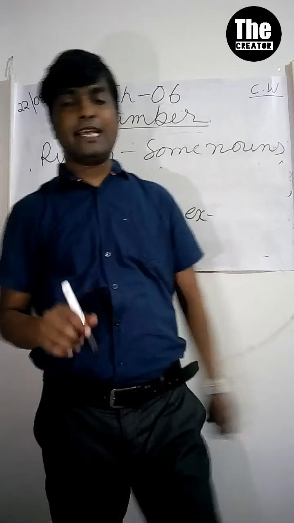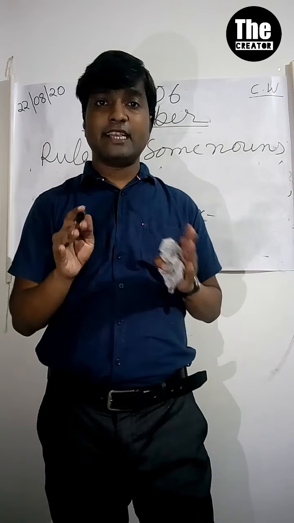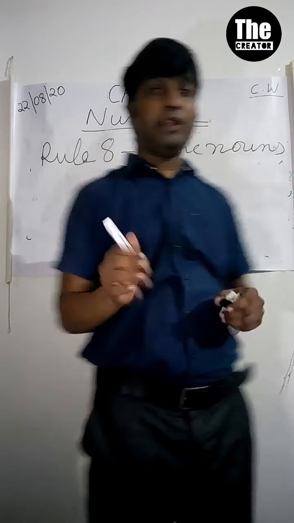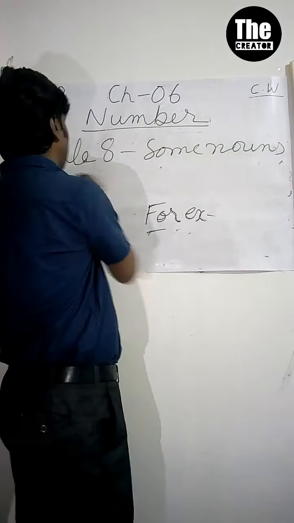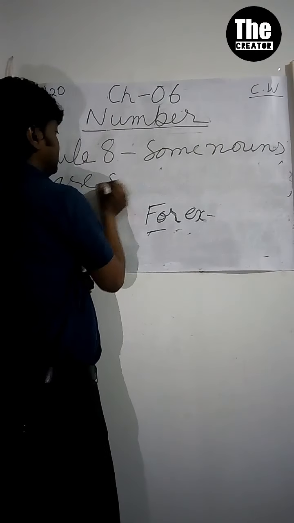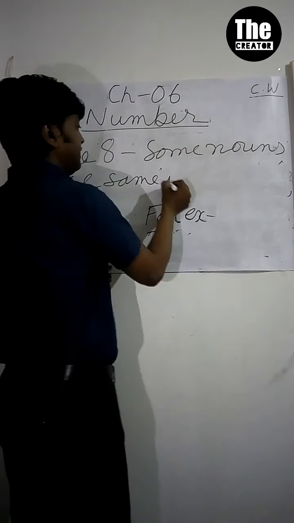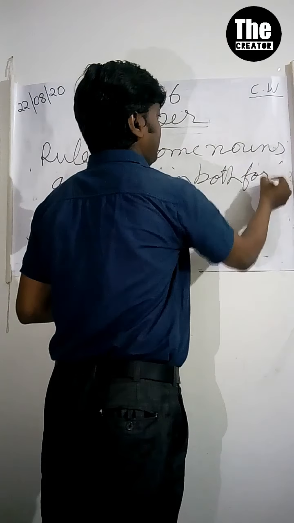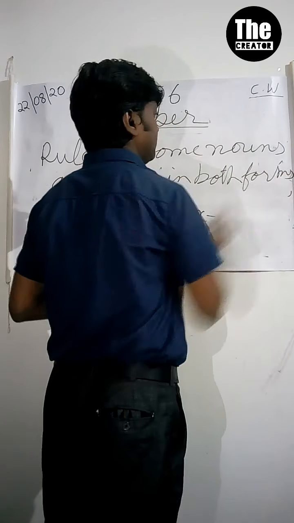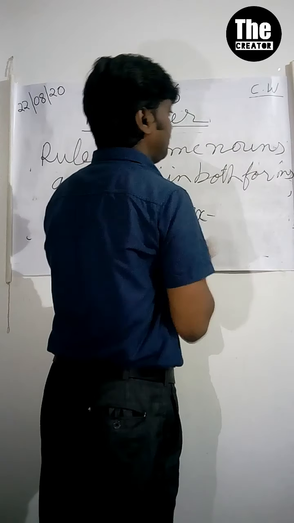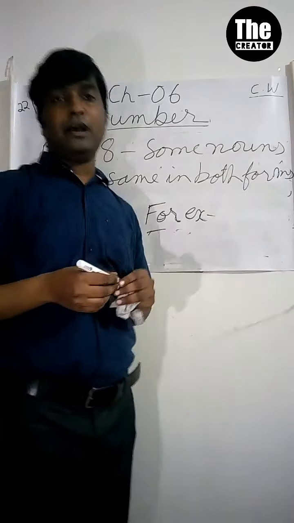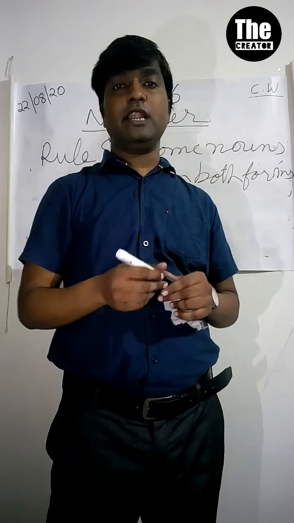Now rule number 8 is, some nouns are the same in both singular and plural form. Some nouns are the same in both forms, singular and plural. Got it? For example, sheep.